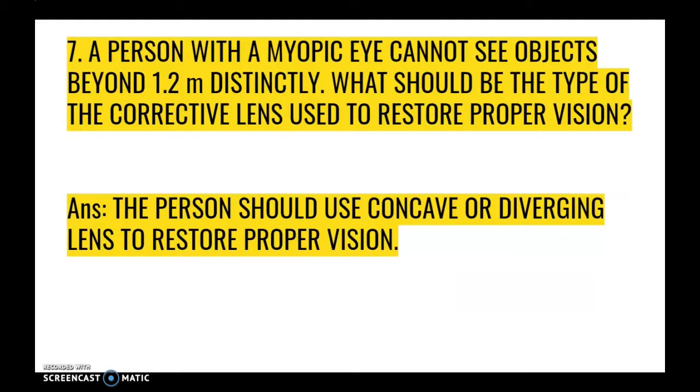A person with a myopic eye cannot see objects beyond 1.2 meter distinctly. What should be the type of the corrective lens used to restore proper vision? Answer: the person should use concave or diverging lens to restore proper vision.